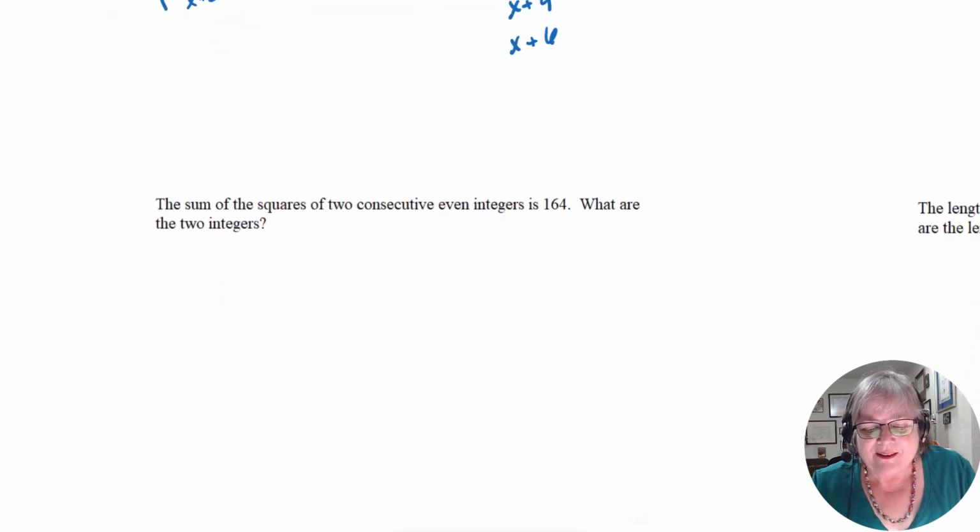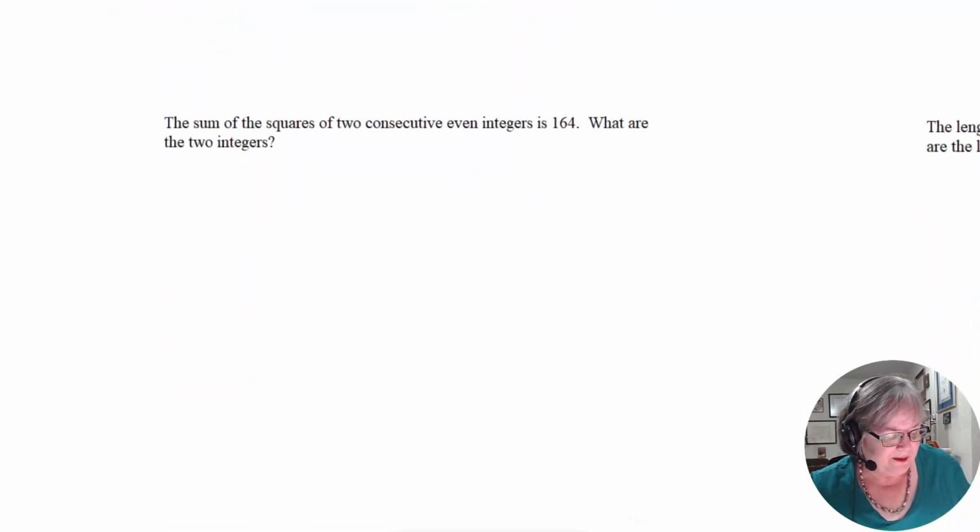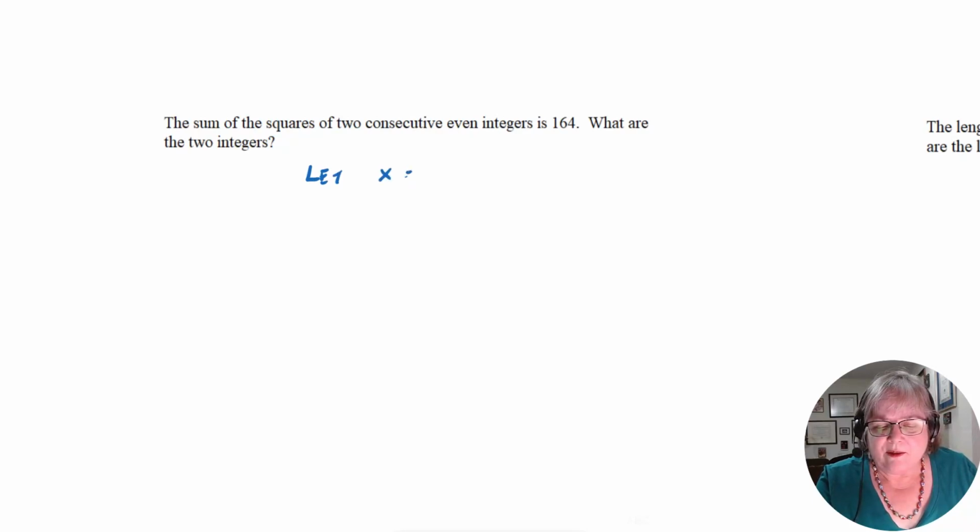Okay, now this says the sum of the squares of 2 consecutive even integers is 164. What are the 2 integers? So you go, okay, wait, consecutive even integers. So this is saying they're in a line, but they're even. So the first number, and some teachers will say, let's let x equal the first number. And that's a good practice.